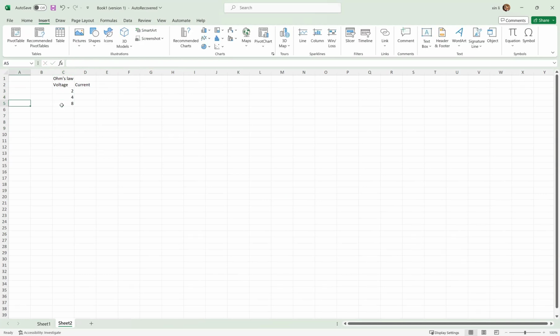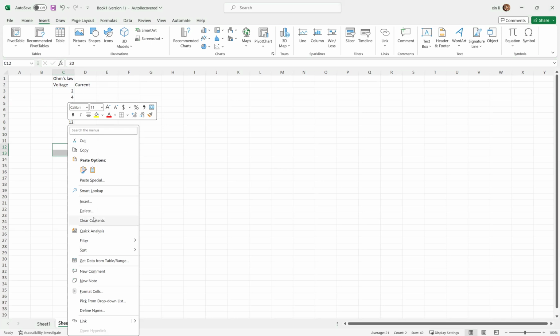You can type this by yourself, okay? 2, 4, 6, and then 8, and then, can I do this? Oh, I cannot do it. Okay, so all the way to 18, so I don't need the last two data points.